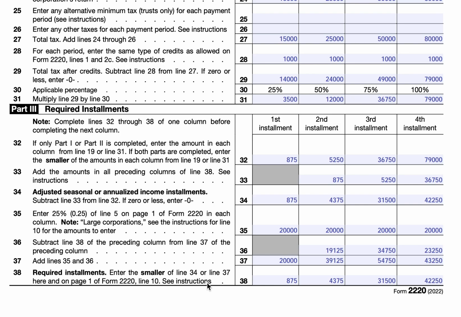So again, these are different types of installment method calculations that you can use for a corporation or a business entity that has irregular seasonal or annualized income.